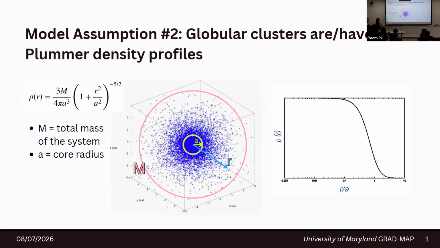This relates to what we observe globular clusters to look like today, with a very dense core and a diffuse envelope. If we plot this density distribution on a log-log scale, we can see a flat core and then a power law profile out toward the envelope.